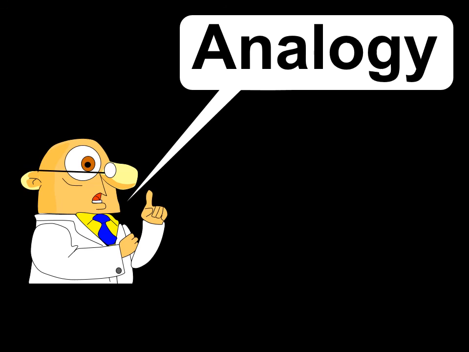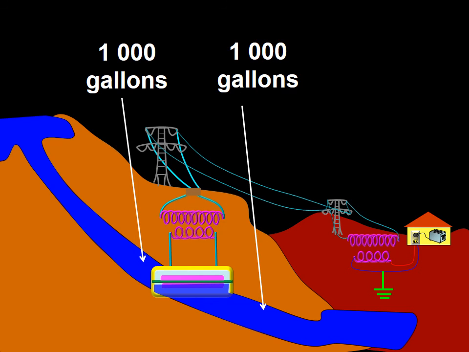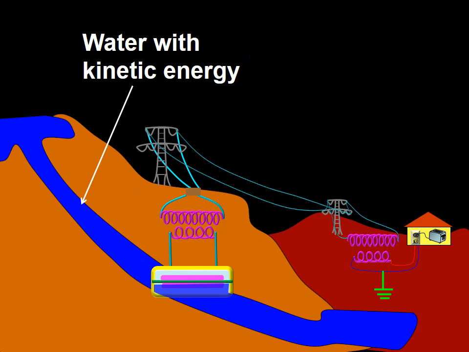To illustrate this point, I will use another analogy. The amount of water in a river before and after a turbine of a hydroelectric plant is the same. The water above the turbine has high kinetic energy.